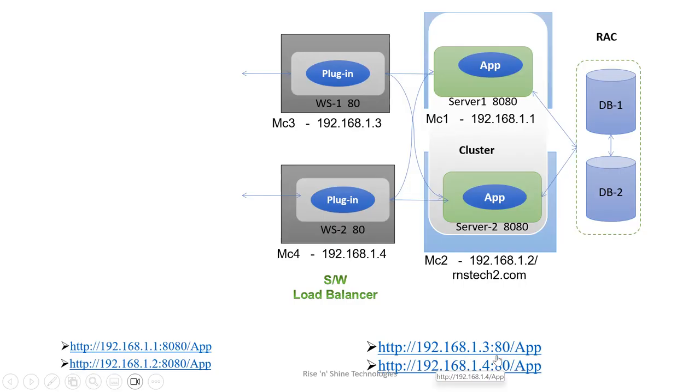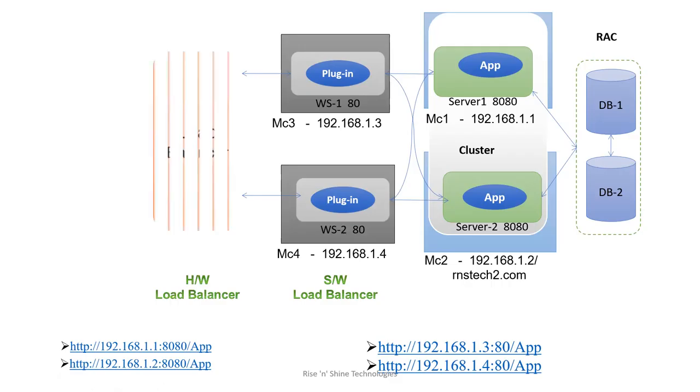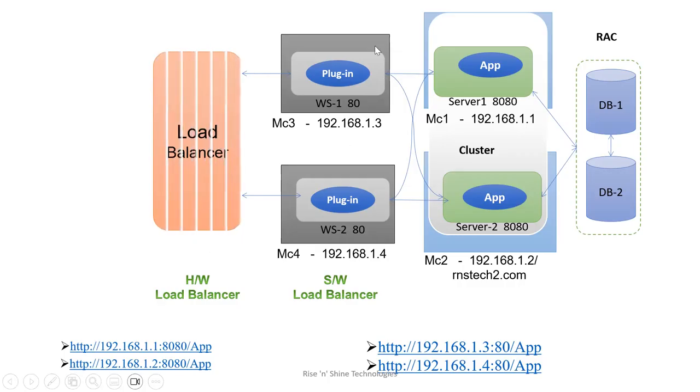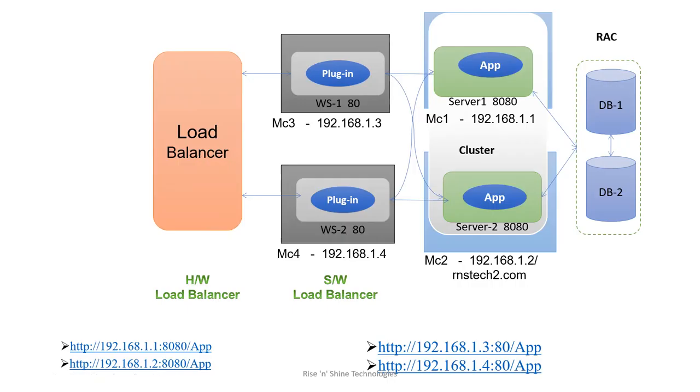No. So what is another kind of load balancer which we use? That is a hardware level load balancer. But this is only one load balancer. We don't see multiple, like how you manage the proxies. Here we'll have only one load balancer. This has an active and passive mechanism.